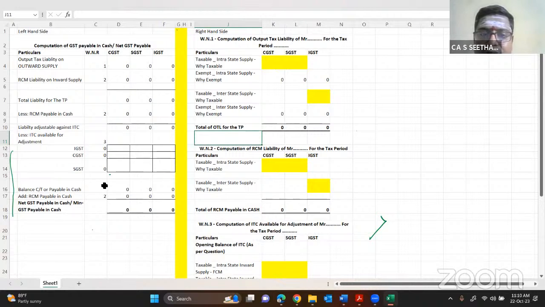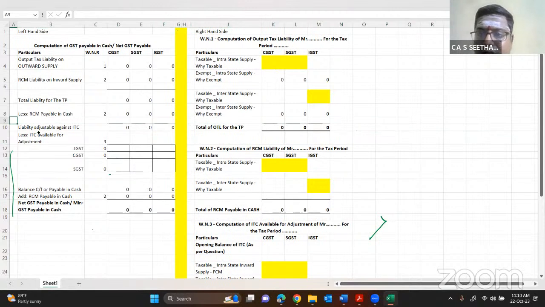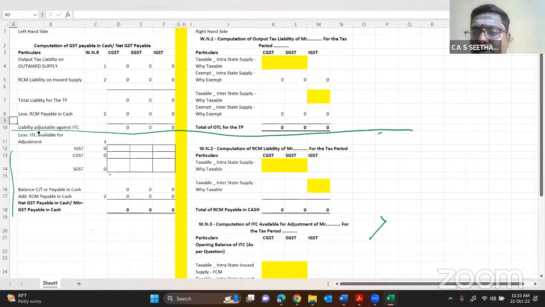Are you comfortable? Have you completed up to this part? If you completed up to that part, I'll be so happy to take it up to this part.